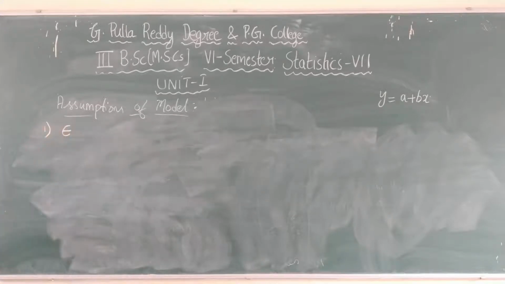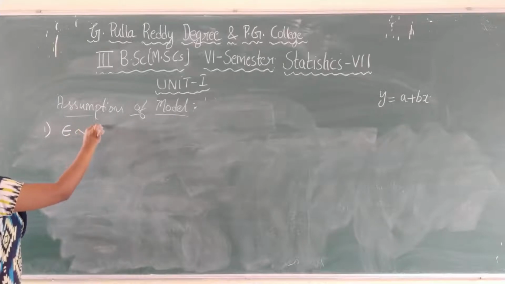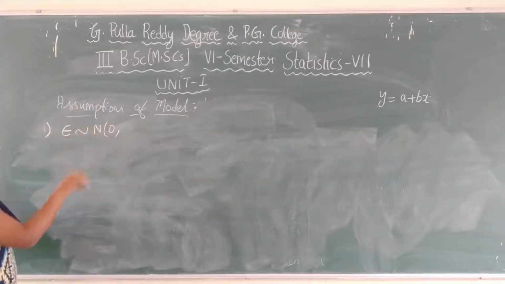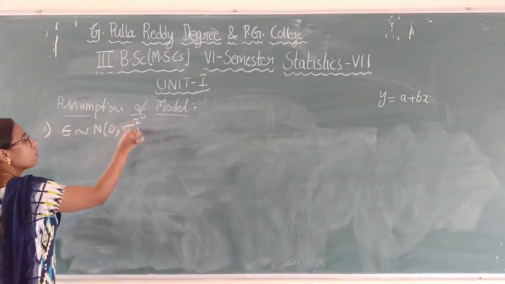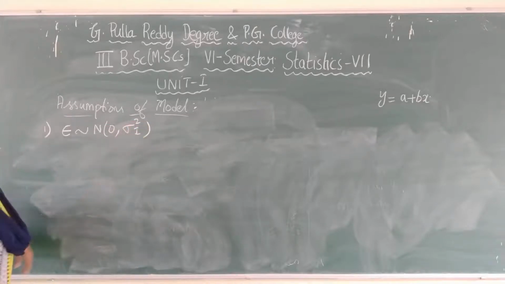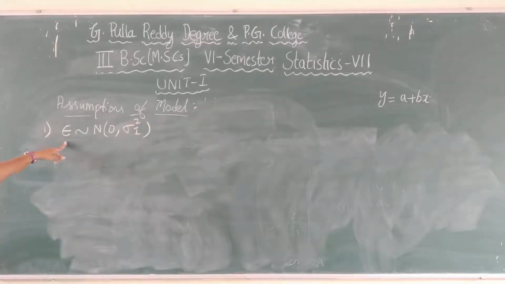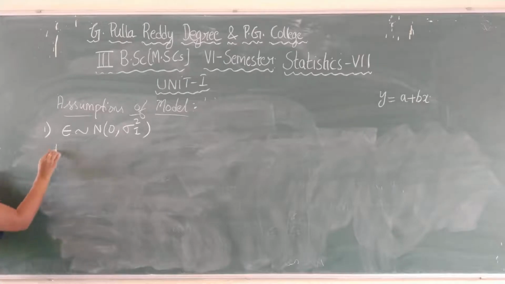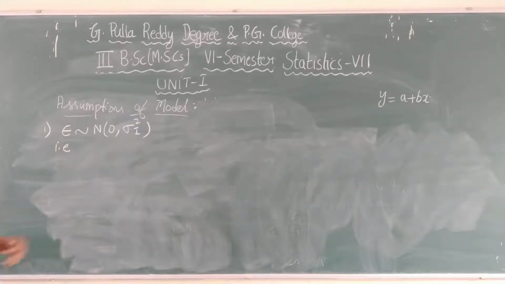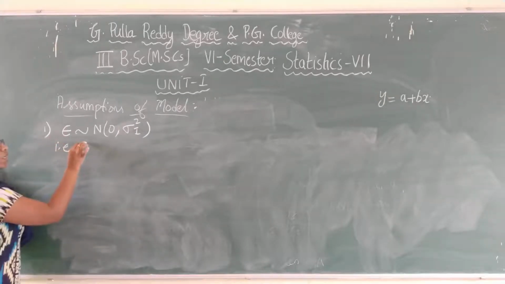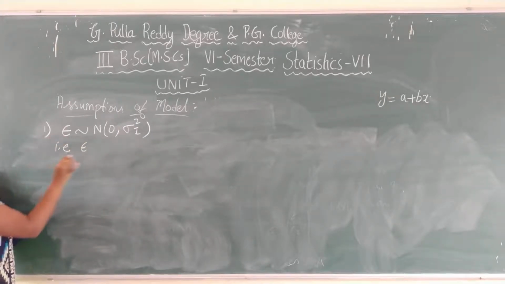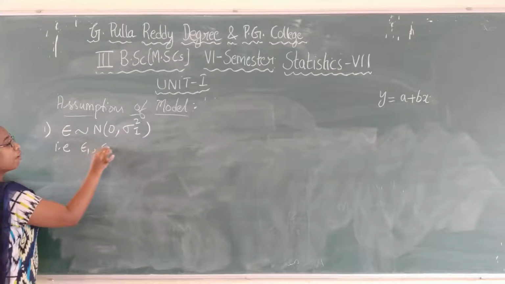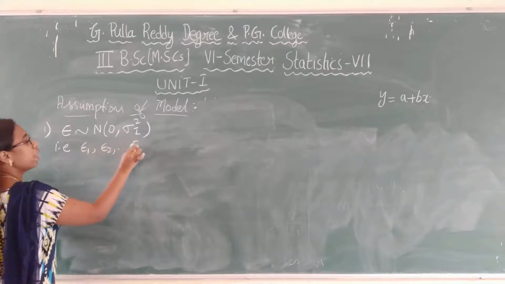This epsilon follows a normal distribution with the parameters 0, sigma square I. So what does it indicate? Epsilon is the error vector with n error values, that is epsilon 1, epsilon 2, so on epsilon n.